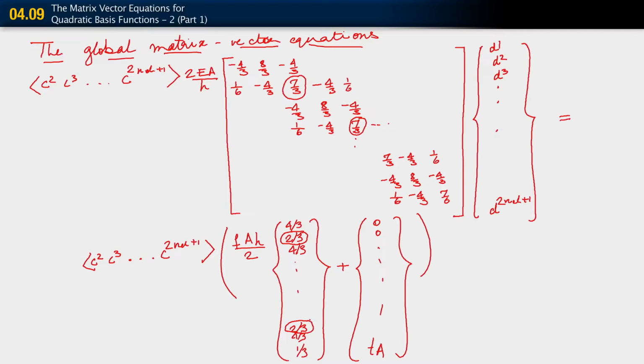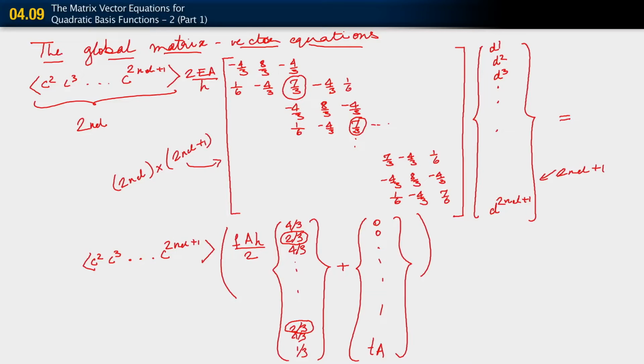Also, at the end of the last segment, I made the point that the dimension of this vector is 2NEL, whereas this vector is 2NEL plus 1. Consequently, the matrix that we have here is 2NEL times 2NEL plus 1.